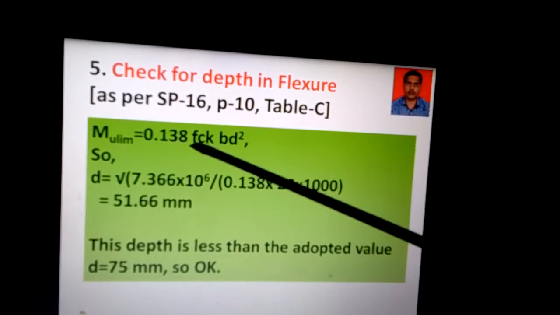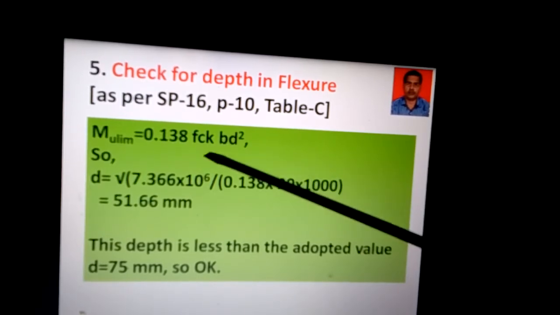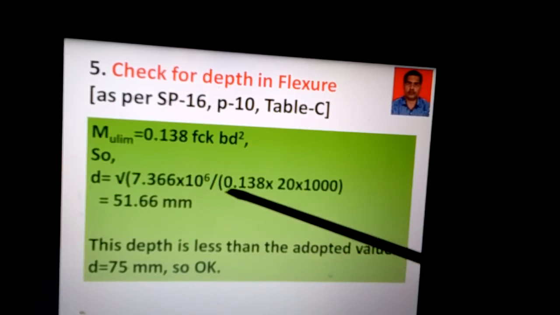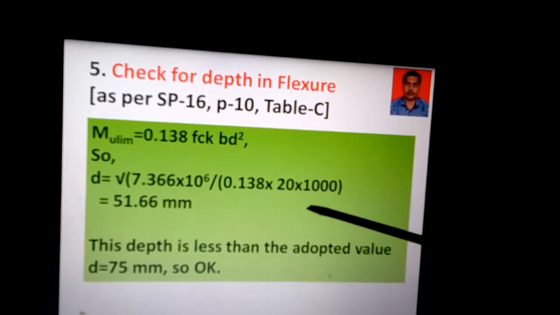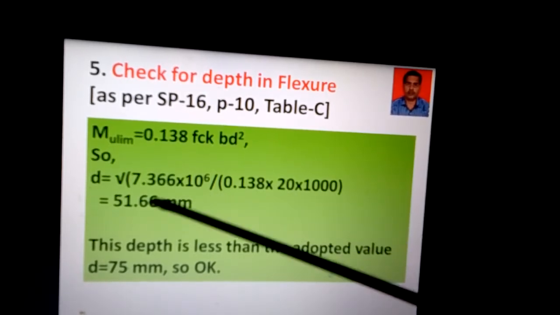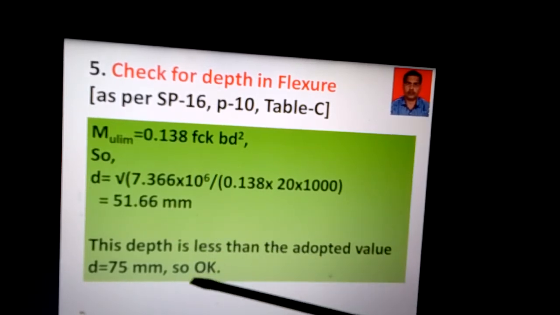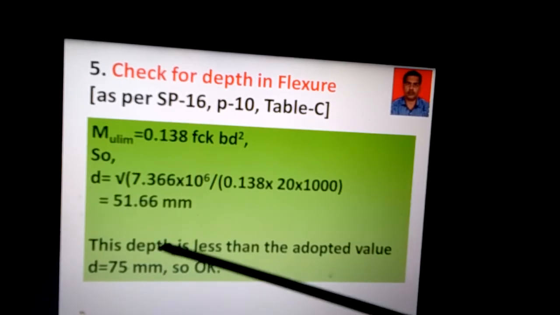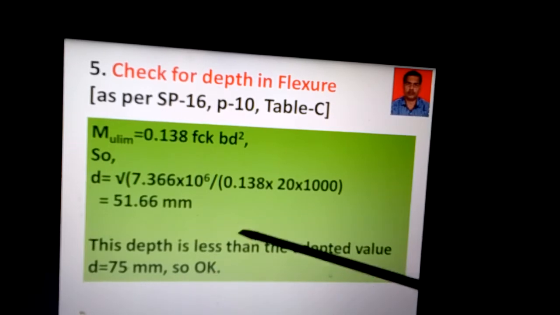So putting all the values in this, we can find out small d, that is the effective depth from flexure equation, d equal to root under 7.366 into 10 to the 6 divided by 0.138 and 20 and 1000. So all this gives us small d equal to 51.66 millimeter. So this depth is less than the adopted value, that is 75 millimeter, as we have used in the previous slides. So it is also okay.